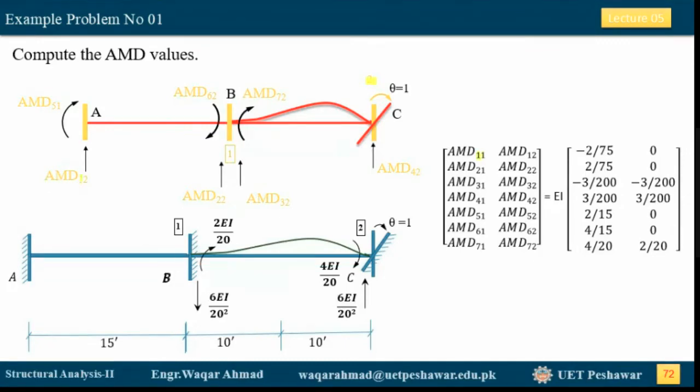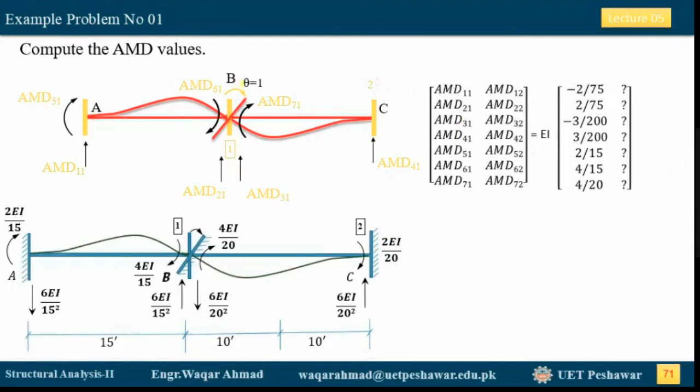This is the AM1. Now the second value is showing the location at which the unit displacement is applied. We know the unit displacement is applied here at coordinate 2. On the previous slide, unit rotation is applied at coordinate 1.